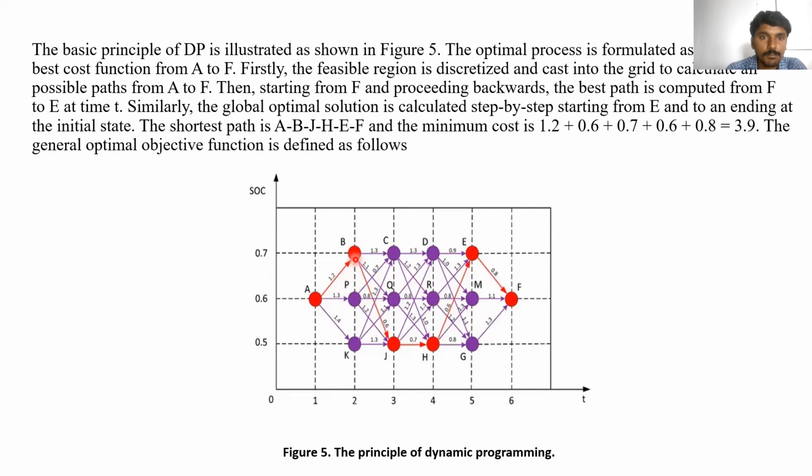A, B, J, H, E, F. Here the red color indicates, from all these different possibilities, the shortest path they have identified, where we can obtain the minimum cost.